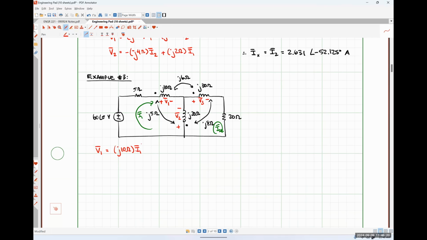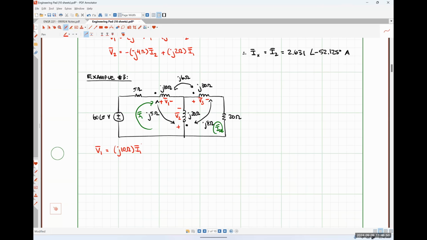Because that J10 ohm coil is magnetically coupled to both the J20 ohm coil and the J30 ohm coil, we should see two mutually induced terms for this voltage. So let's start with the coupling to the J20 ohm coil. This one's going to be the more difficult one to do.